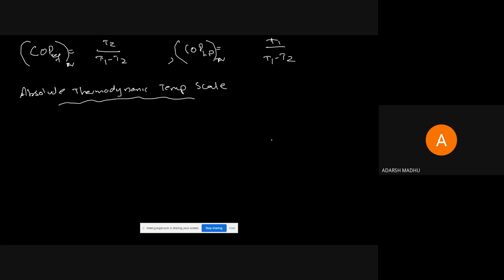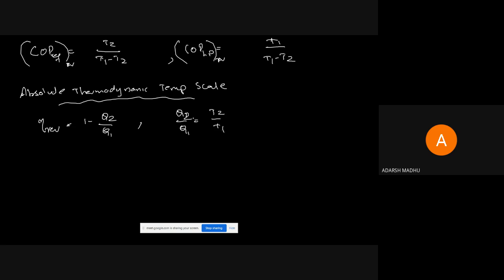So how can we arrive at an equation? There is no derivation, but we want to know the expression for the absolute thermodynamic temperature scale T. We know that for a reversible engine, the efficiency equation is 1 minus Q2 by Q1. We can relate the heat transfer values directly to temperature, so we can write Q2 by Q1 equal to T2 by T1.